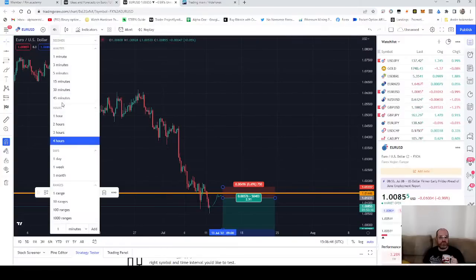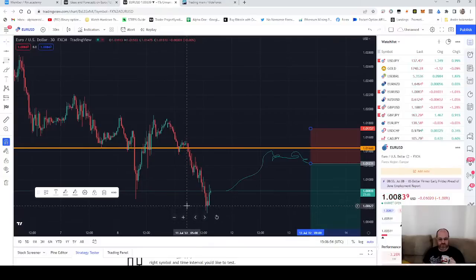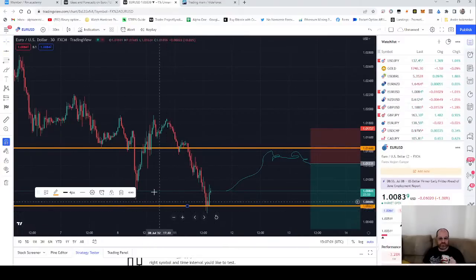If we then go down to the 30 minutes, let's see what you can see here. We can see we have some type of support here. So here we can be looking for a trade in this zone maybe today. So right now I will not go long because that will be working against it.